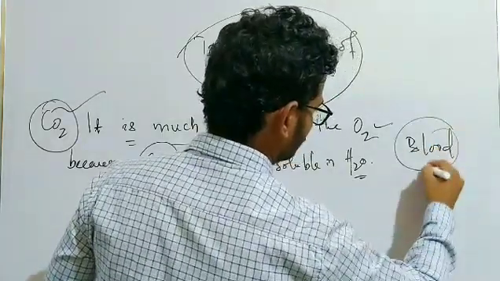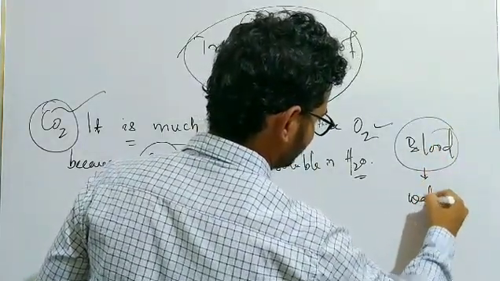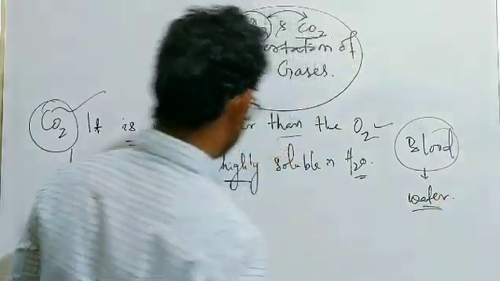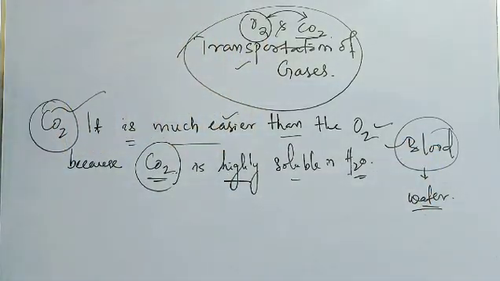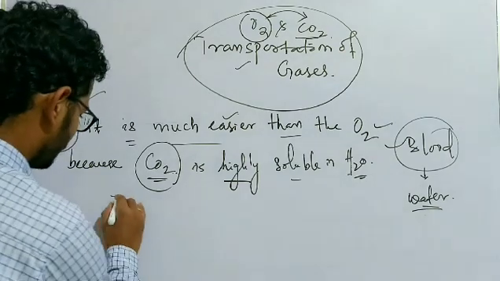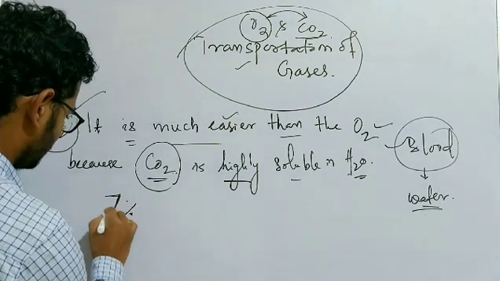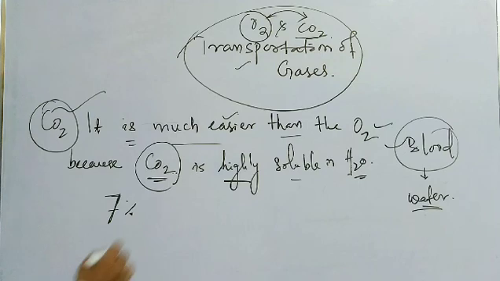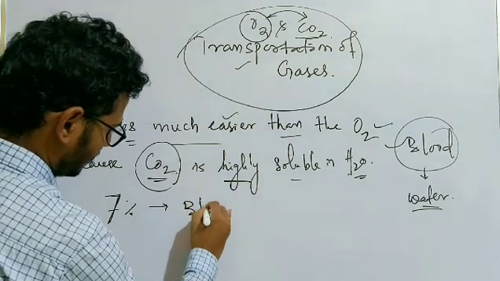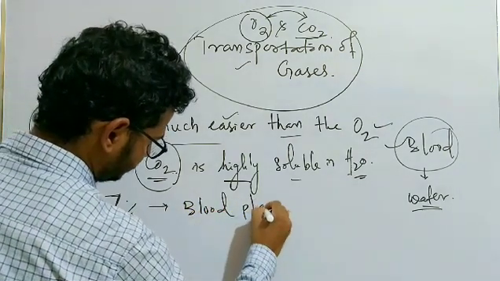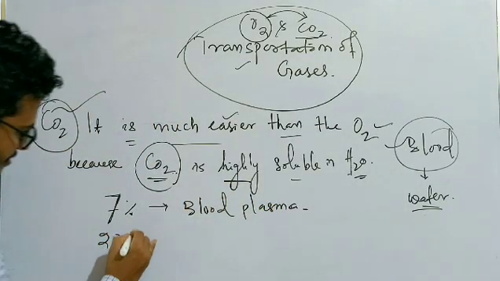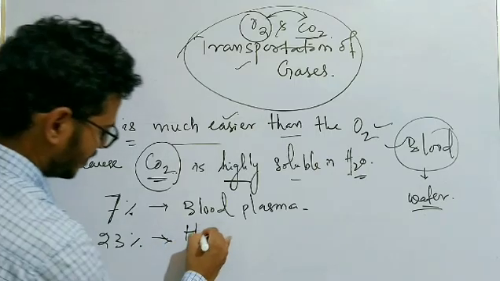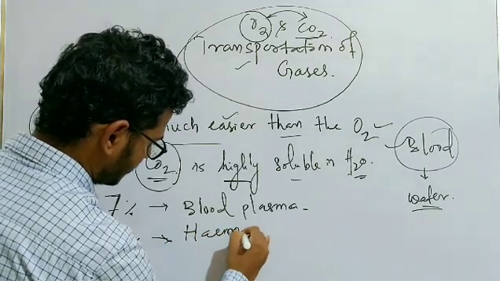Why? Because blood contains water, and the substance which is soluble in water will be soluble in blood plasma. Okay, so 7% of the total carbon dioxide transportation takes place with the help of the blood plasma. 23% takes place with the help of the hemoglobin.